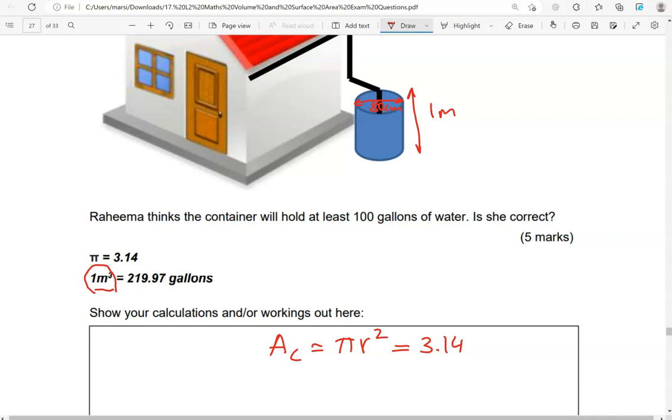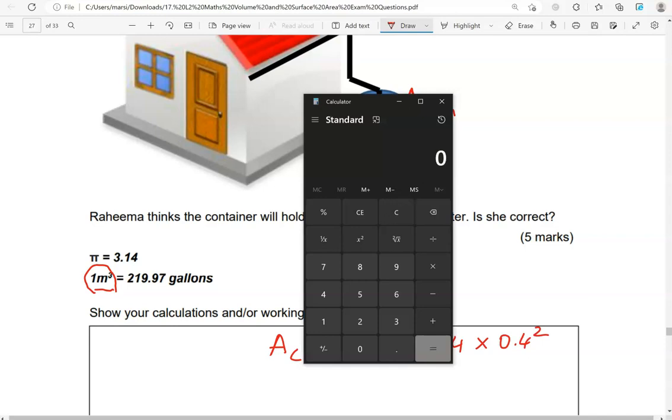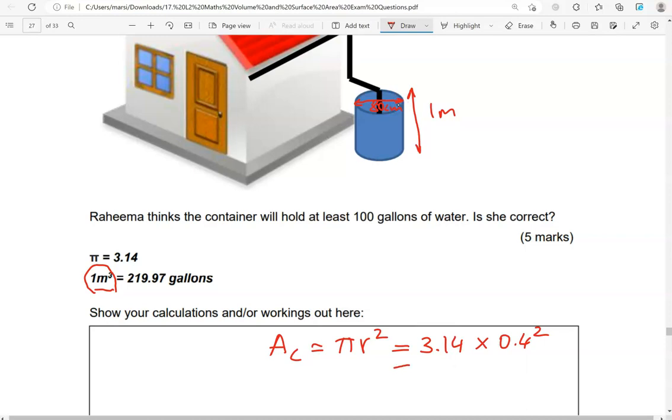So that will be 0.4 squared. So 3.14 times 0.4 times 0.4 gives us 0.5024 square meters, that is the area of the base.